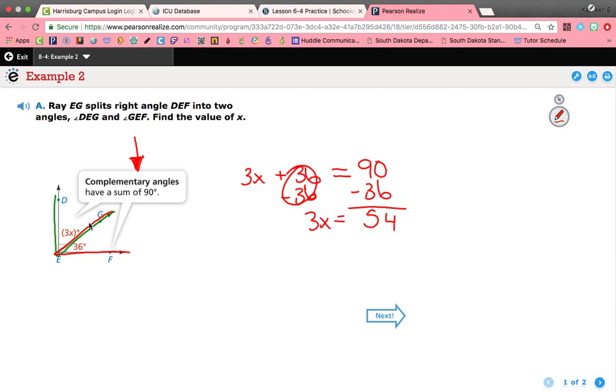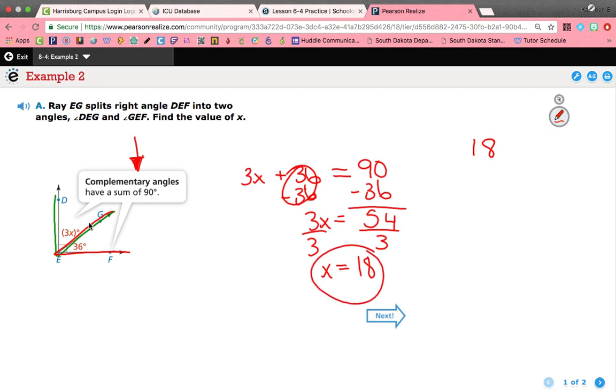And then we would divide by 3, x would equal, 3 into 5 is 1, and it's 3, that's 24, and it's 8. So x equals 18.